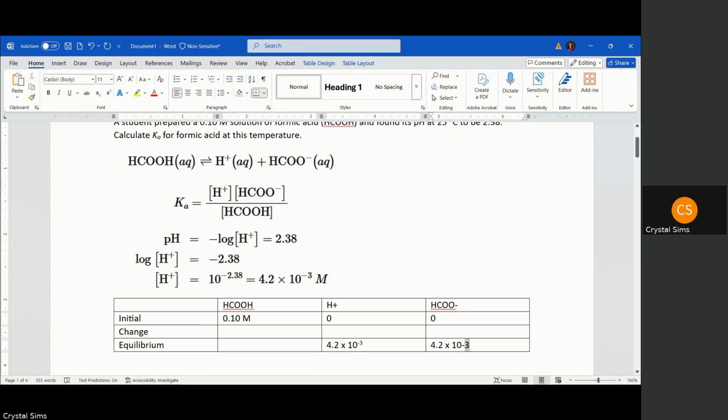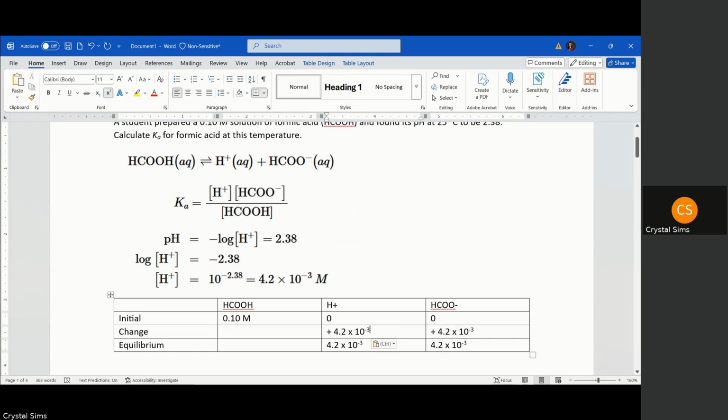So I'll go ahead and put that in my table. To get from 0 to 4.2 times 10 to the negative 3, we have to add that. So just like we did last chapter, we're going to put that in. And I'll just go ahead and copy that for my hydrogen ion.